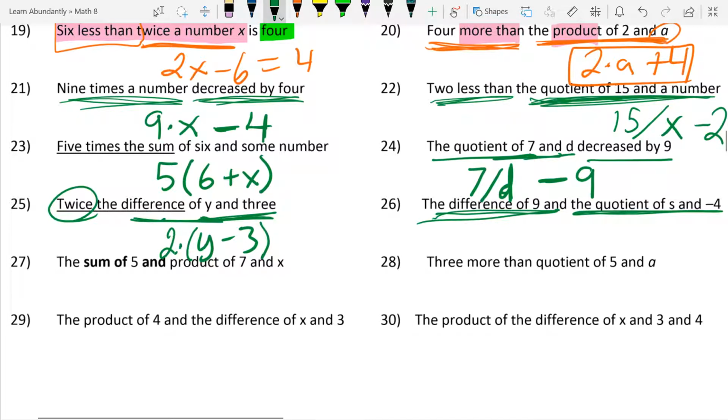So it's 9 minus, what's the other thing I'm subtracting? Well, it says I'm subtracting by the quotient, which means I'm not just subtracting by 4 or s, I'm subtracting by those combined using the quotient. So I'm going to do s divided by 4. Well, negative 4, I believe it says negative 4.